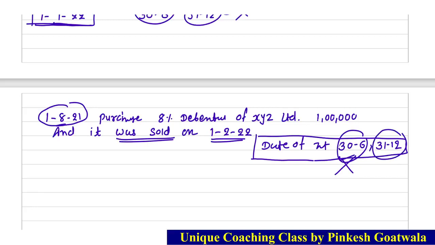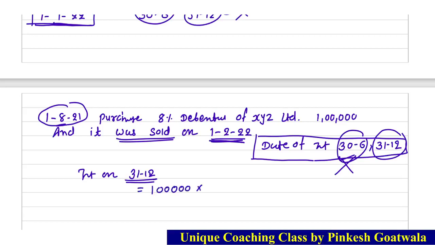Yes, he is holding it, because it was sold, but when? On 1/2/22. It was sold in February and the date of interest is in December, so of course he will get interest on 31st December.